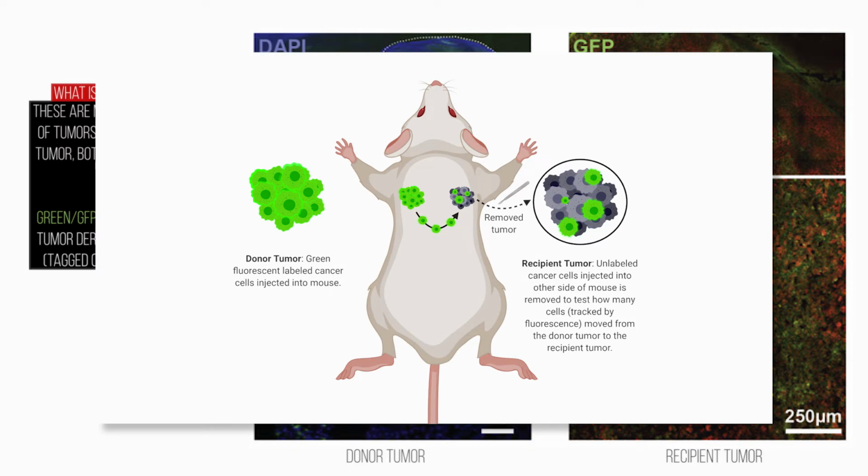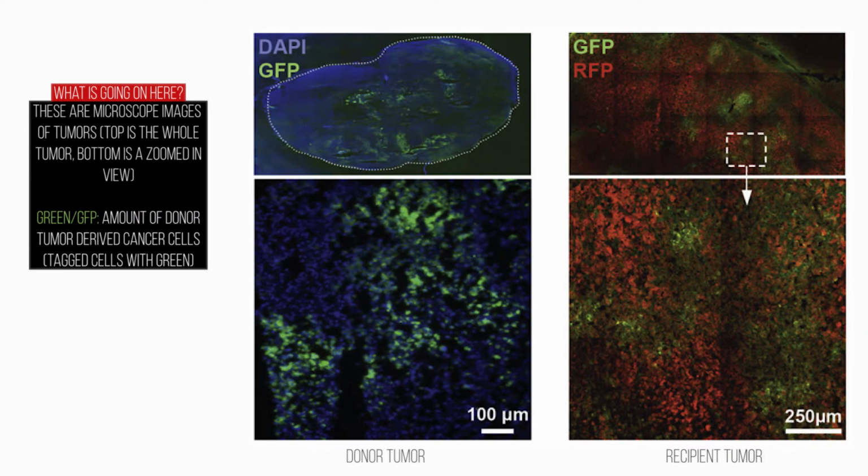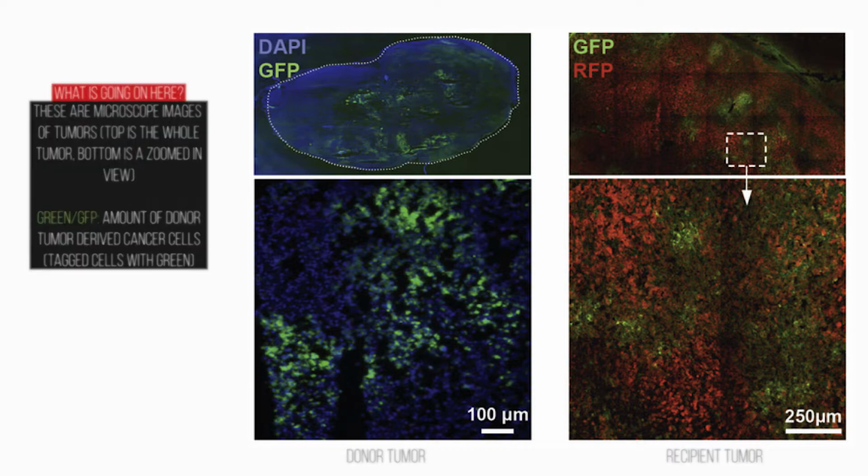And any green that you see there has come from the other tumor, meaning that you have this migration because it has to move through the bloodstream, it has to move into this new tumor. So here you're seeing this invasion of this heterogeneity of these different tumor cells that are starting to mix and match because of this donor tumor.